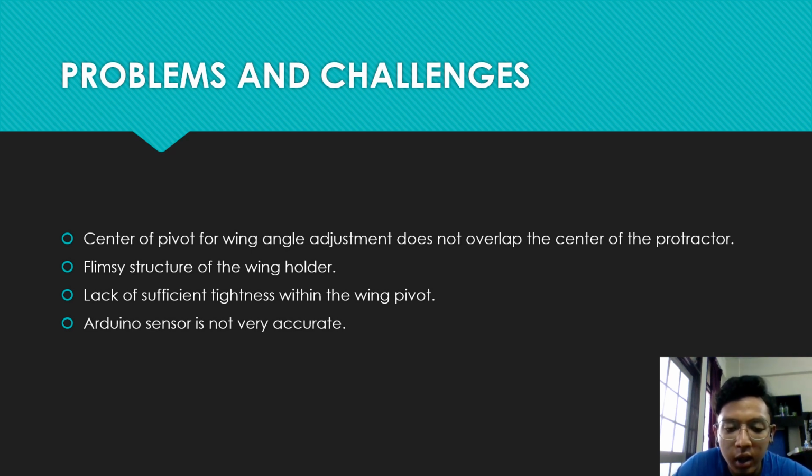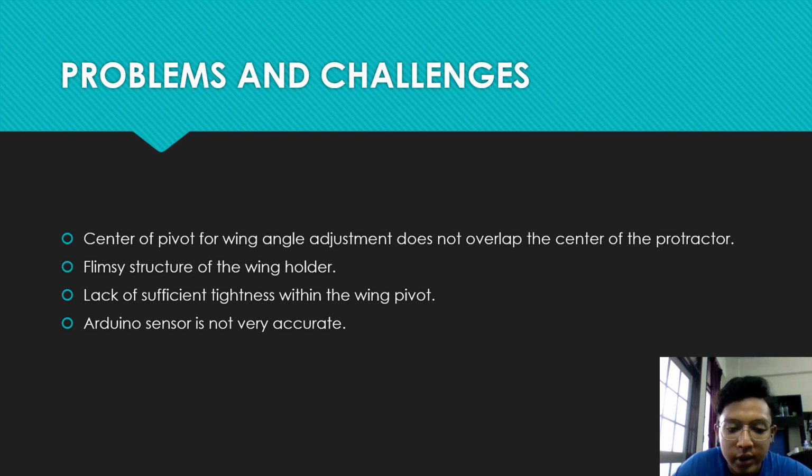This is because even small movements from the wing holder structure gave very significantly different readings at the Arduino sensor. Obviously, the Arduino platform can be used to obtain experimental data, but it's not that reliable.